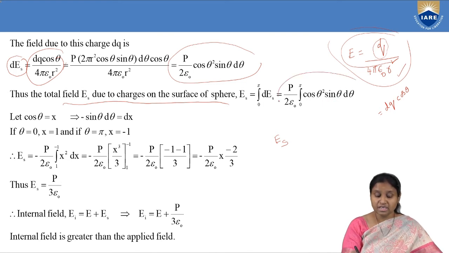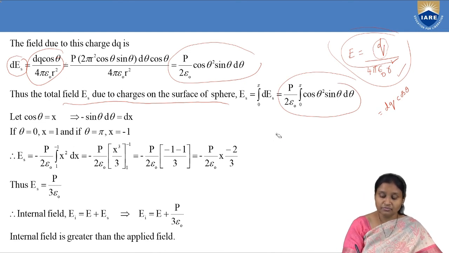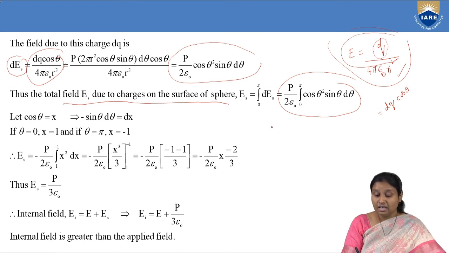Now we have to integrate this. Directly, I think we cannot integrate it. So in order to solve this integral, let us suppose that cos theta is equal to x. If I differentiate on both sides, we get minus sin theta d theta is equal to dx.